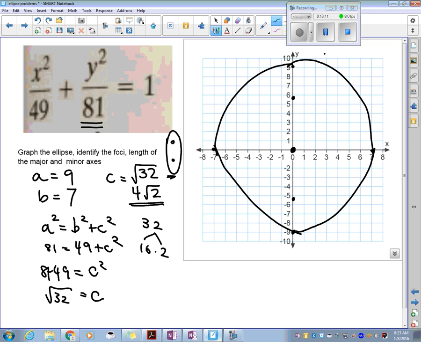The foci are going to be 0 because they're on the y-axis. So the foci are 0 and 4 square roots of 2 as an ordered pair, which is 0 and 5 point something. And the other one is 0, negative 4 square roots of 2.